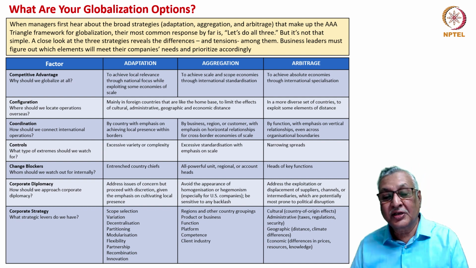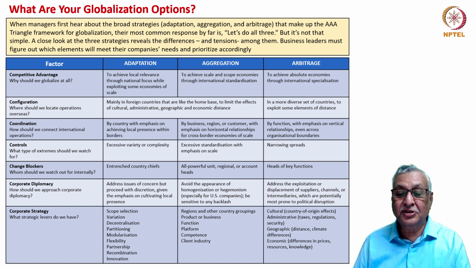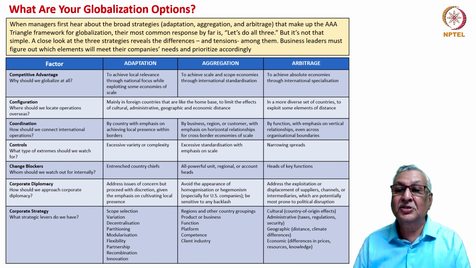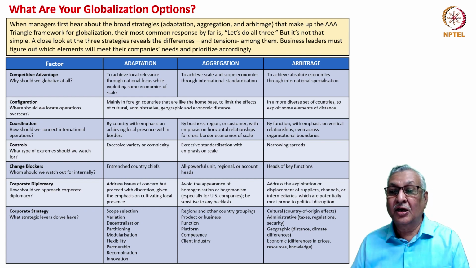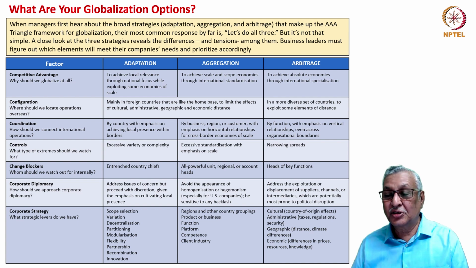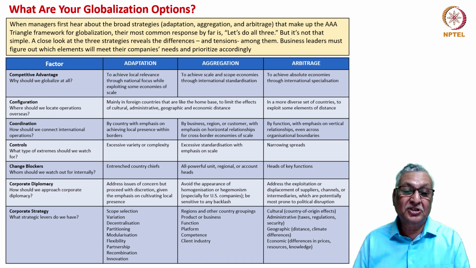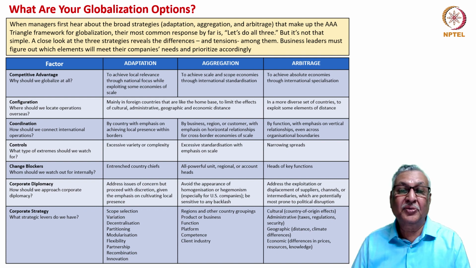Whereas in respect of aggregation, it is regional country groupings, product or business groupings, functions, platforms, competencies, client industry nature. These are the drivers. Arbitrage is driven by cultural effects, administrative effects, geographic effects, economic effects. So the corporate strategy itself varies depending upon your strategy of globalization, whether it is of adaptation, aggregation, or arbitrage variety.